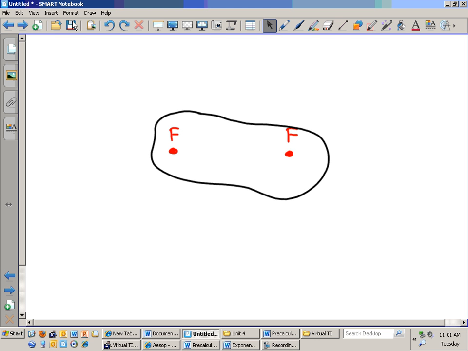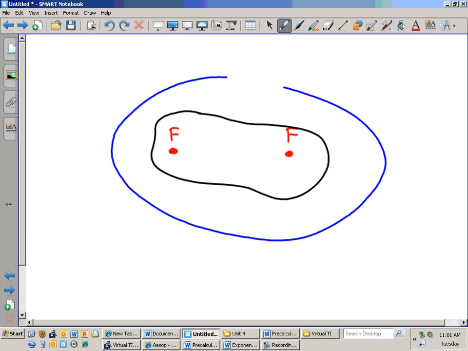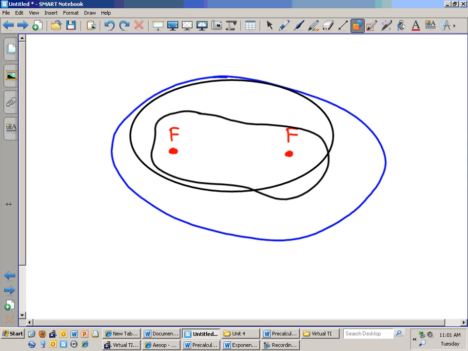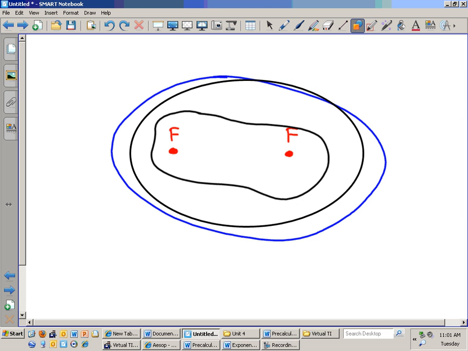If you took a pen and grabbed part of that string and pulled it tight around those focal points and then went all the way around, it would produce that shape. It would create basically an ellipse like that, okay?